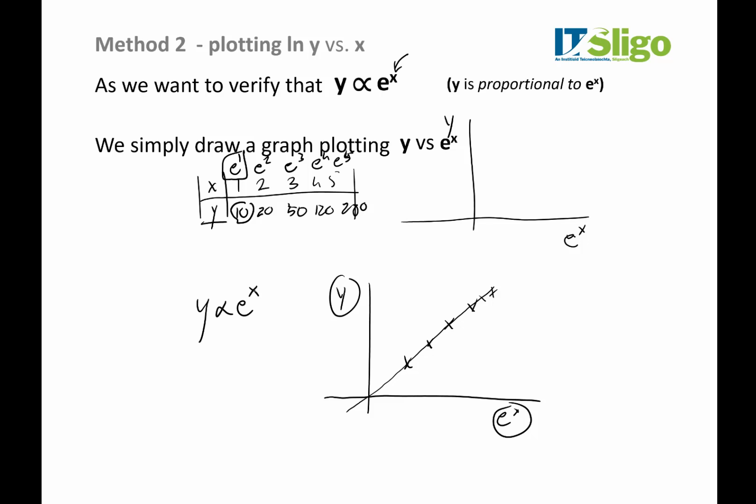If we don't get a straight line, then that would suggest, so say you just draw your graph and you suspect it's exponential.